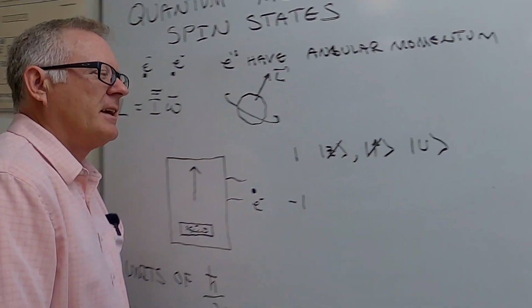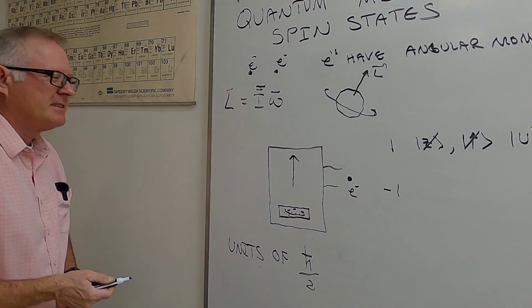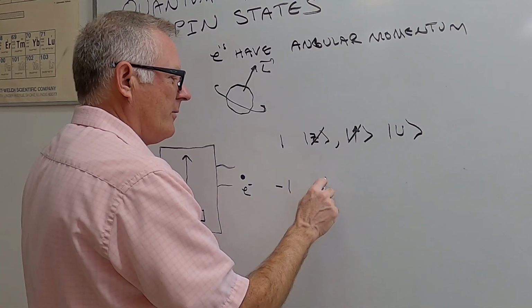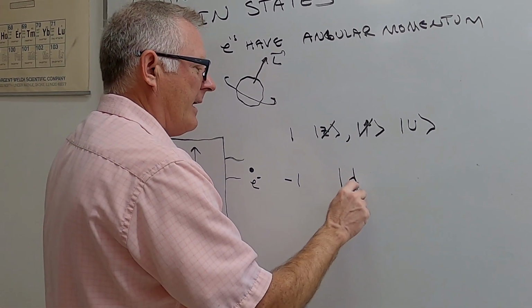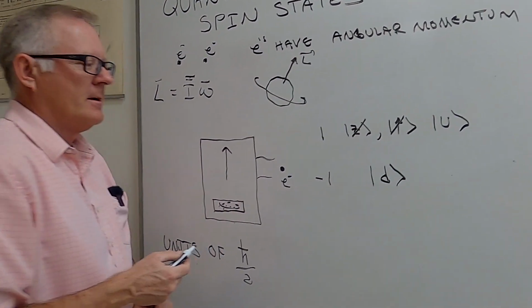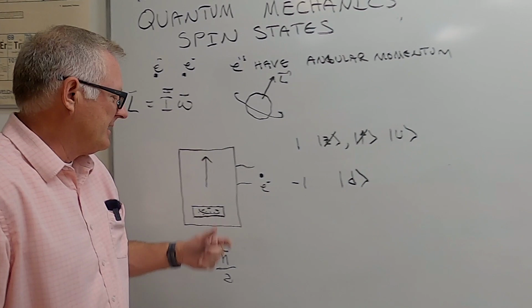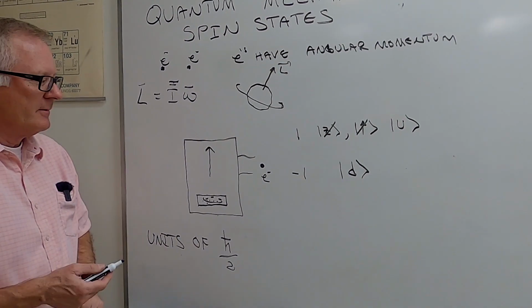That should be a unit vector. That's a state of our system. And for this one, we're just going to be down. So those are the two states of the system, up and down.